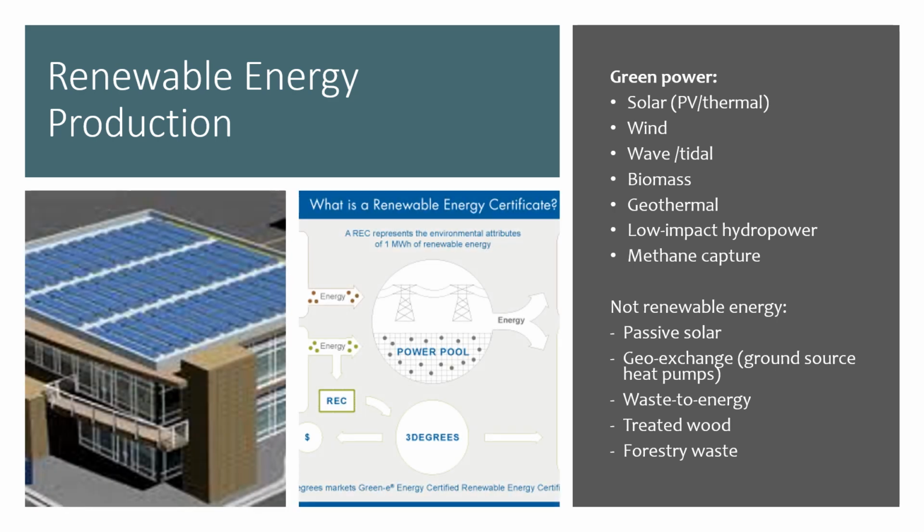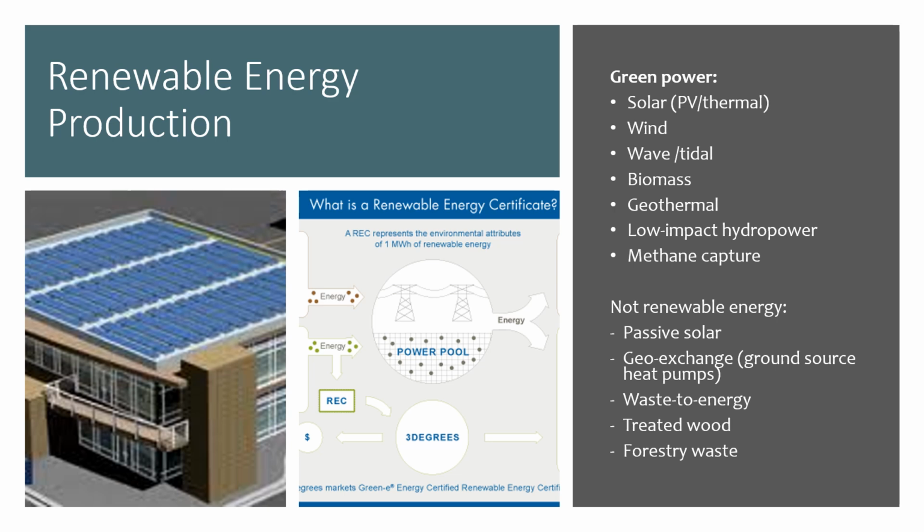It's important to know which types of energy LEED considers to be green power and which are not. Green power includes solar, wind, wave, biomass, geothermal, hydropower, and methane capture. On-site renewable energy includes PV, solar hot water, and building-mounted wind turbines.